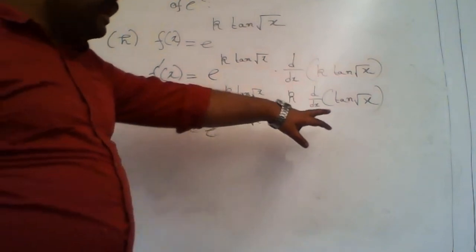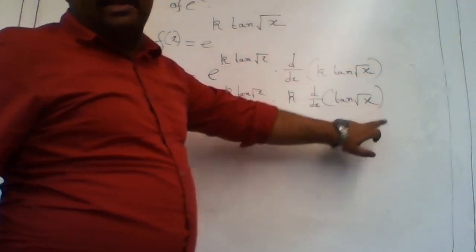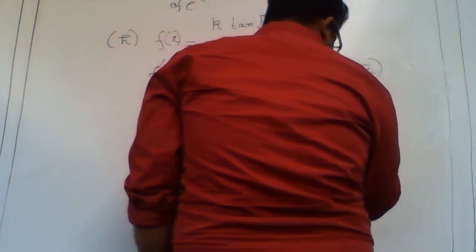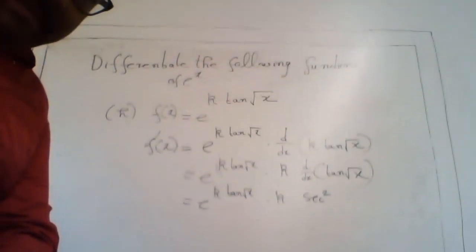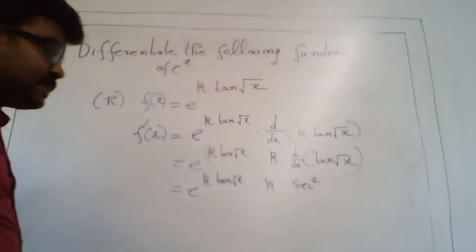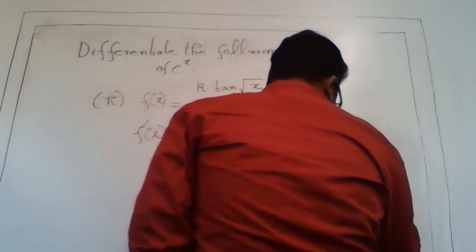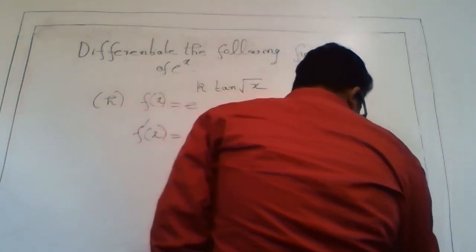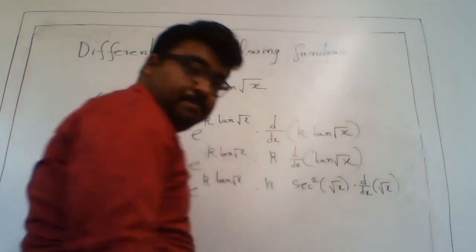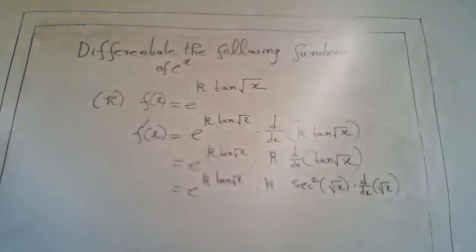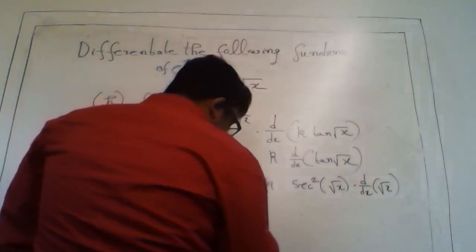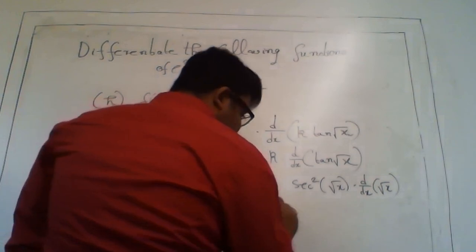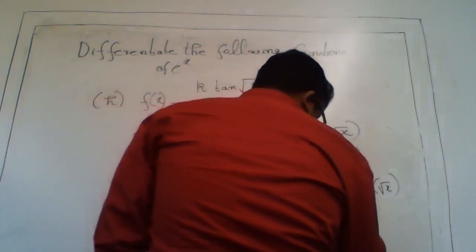So here now the outer function is tan x and the inner function is square root of x, so it will be sec square, because d/dx of tan x is sec square x. So it will be sec square square root of x times the derivative of square root of x. So it will be ultimately e to the power k tan square root of x times k times sec square square root of x.